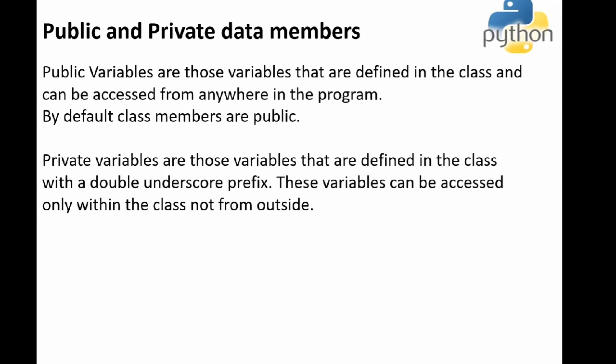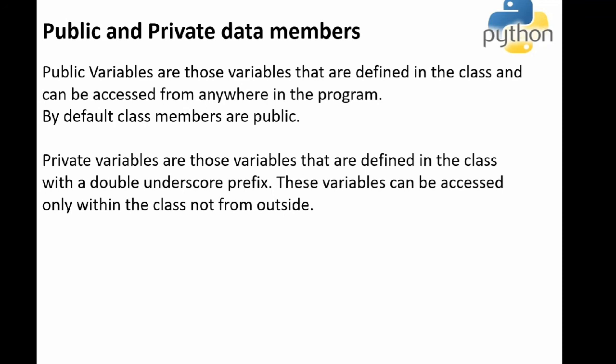All the data members that we have seen so far are by default public. What does it mean? You needn't put the public keyword before it, because by default it is a public variable or public method. By default, class members are public. If you want to make those members private, you have to put a double underscore before it, not after it.